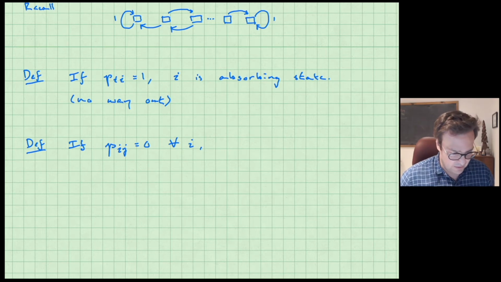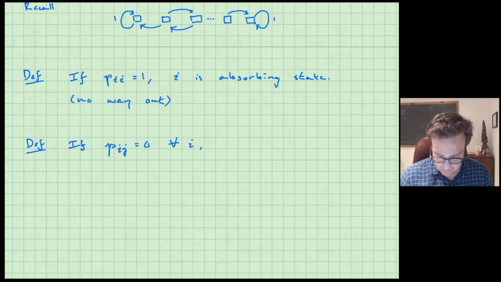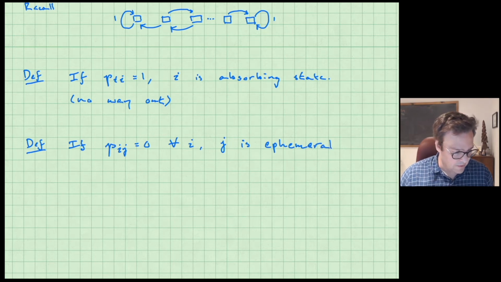So it's a pretty weird situation if you think about it. I don't know, but maybe it comes up. So we're going to say then j is called an ephemeral state. Okay, so there's no way in.